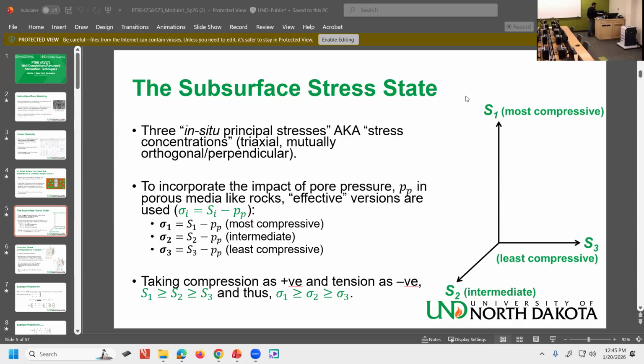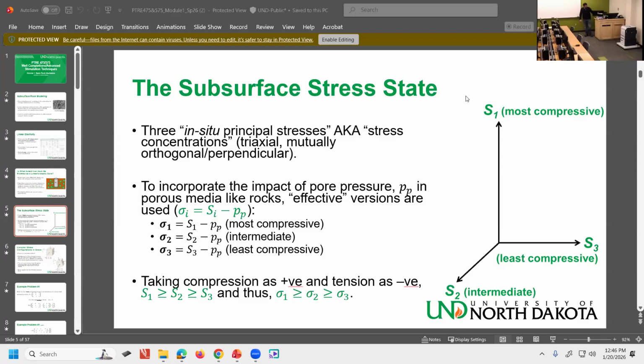Okay. Now, we talk about how the rock behaves as a rock, as an element of the rock. Like you apply stress, it deforms. And you compress, it becomes smaller, you apply tension, and it extends.